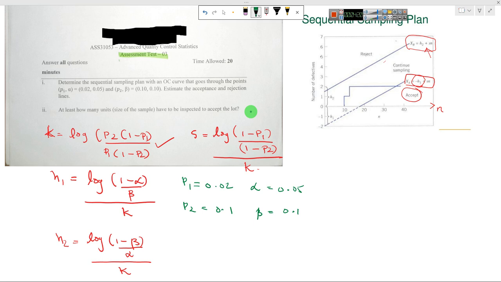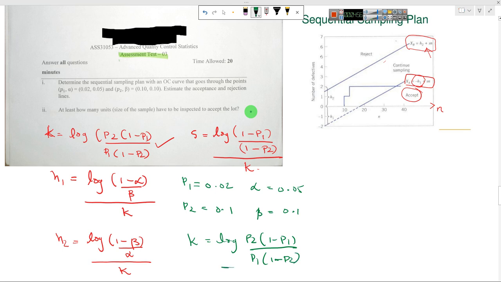Anyhow we have to remember these equations, because in the examination we cannot expect the examiner to give all these equations. So here first we will find the value of k, because for the equations of h1 and h2 we will require k. k is equal to log p2 into 1 minus p1 divided by p1 into 1 minus p2.